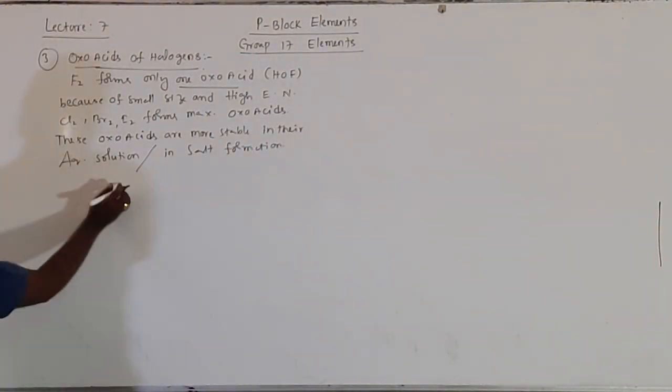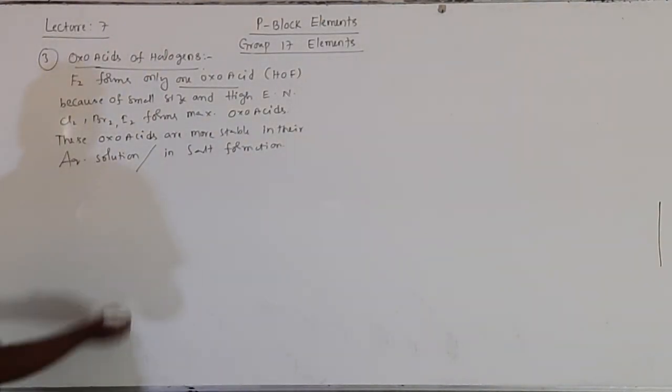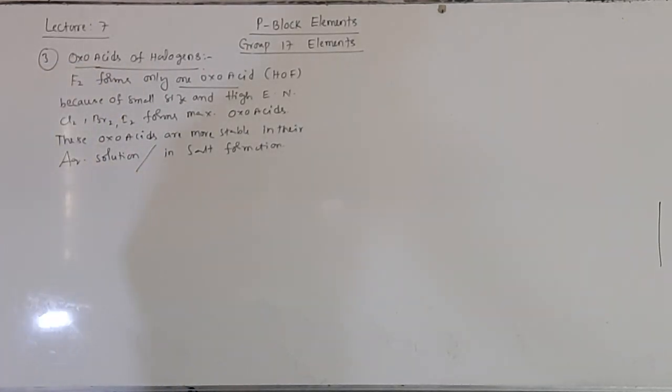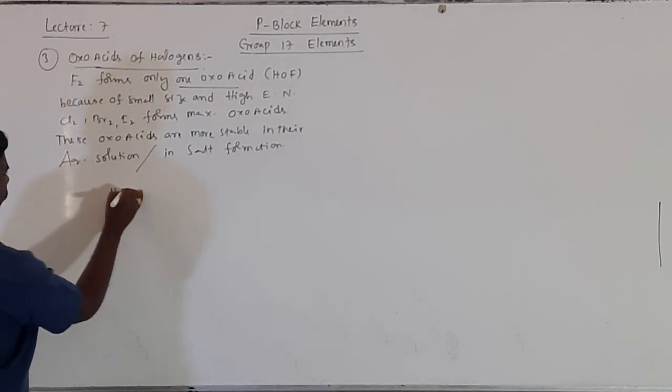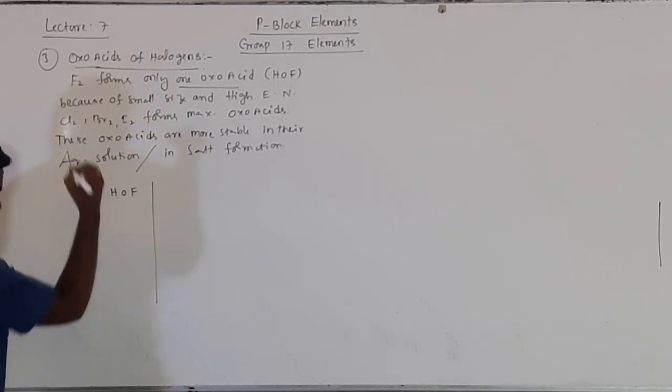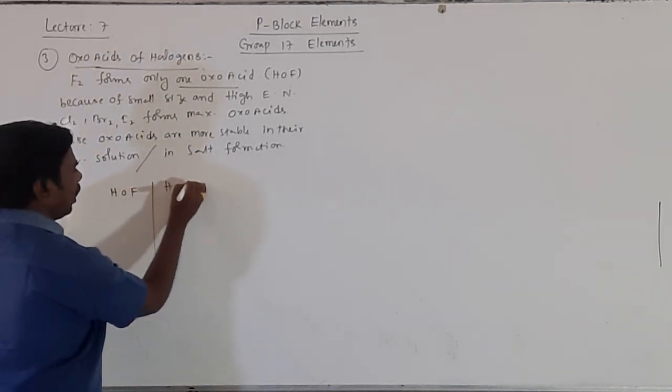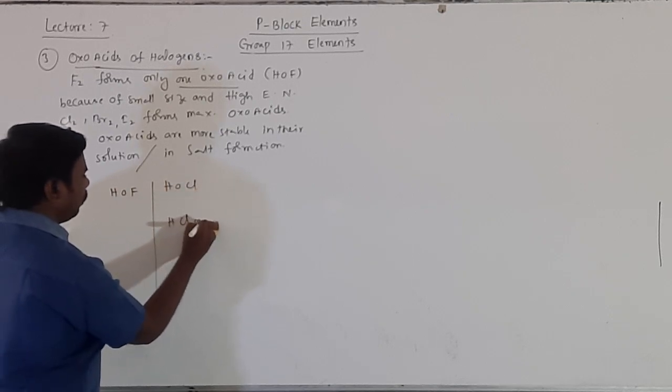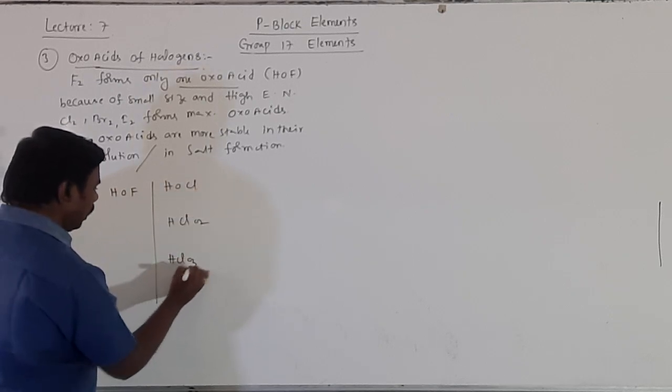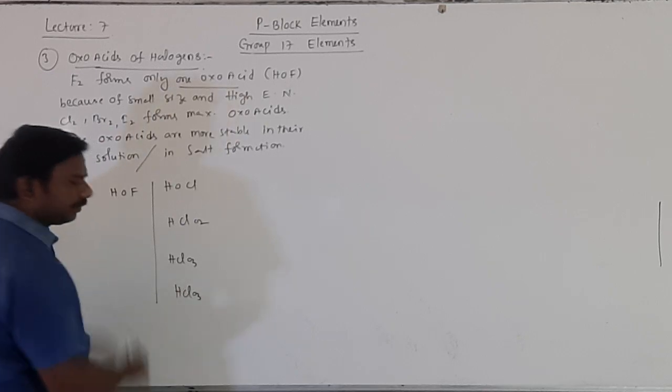Now I am writing here the oxoacids of fluorine, chlorine, bromine, iodine. For example, fluorine forms only one oxoacid. Chlorine forms HOCl, HClO2, HClO3, HClO4.